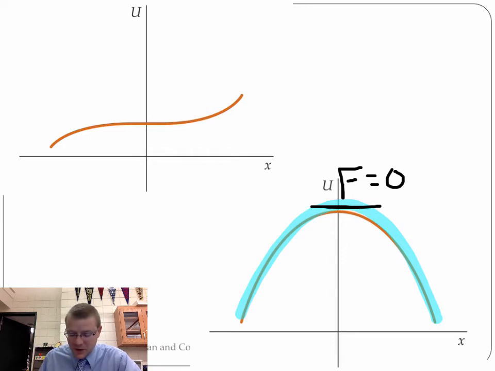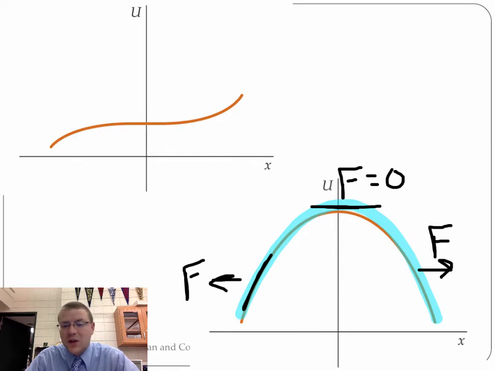This is a negative slope. The negative times negative gives me a positive force. And the opposite happens over here, forcing the object away from the equilibrium place. So that is an unstable equilibrium. In the first curve up here, pretty much between this region, the equilibrium is nice and neutral.